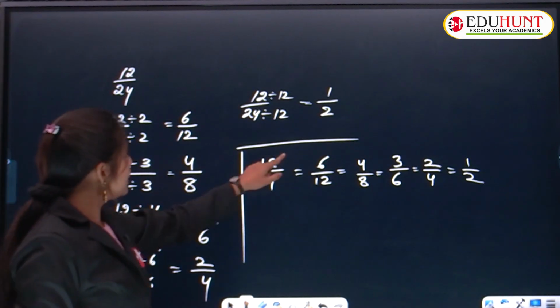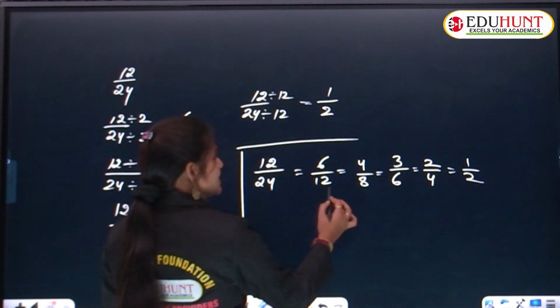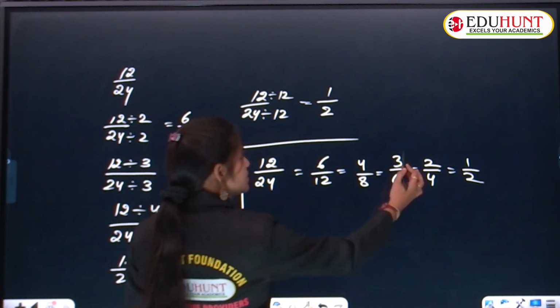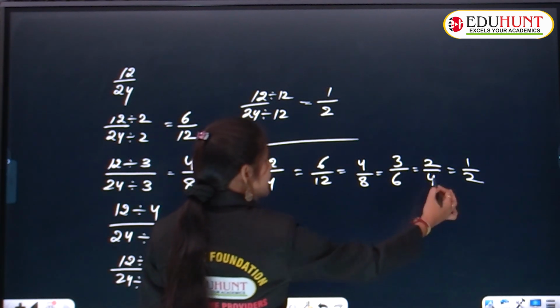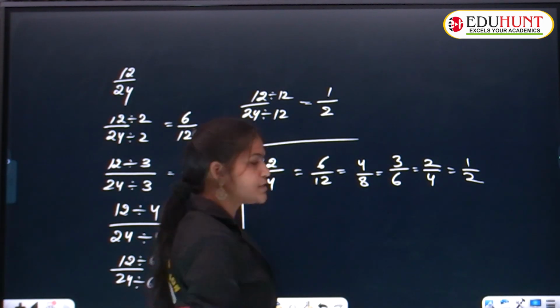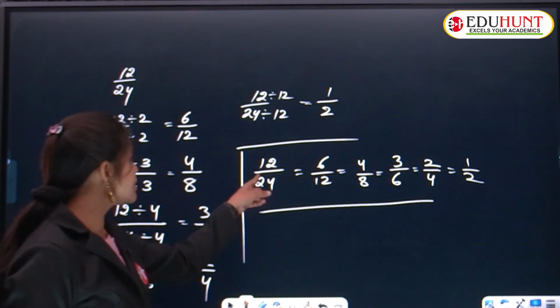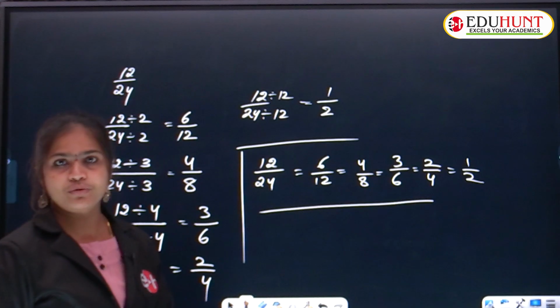Now see, 12 ones, 12 twos, we are getting 1 by 2. Similarly 6 ones, 6 twos, 4 ones, 4 twos, 3 ones, 3 twos, 2 ones, 2 twos. Again you will get 1 by 2 only, no? Understood? That's why all these rational numbers are equivalent rational numbers of 12 by 24.